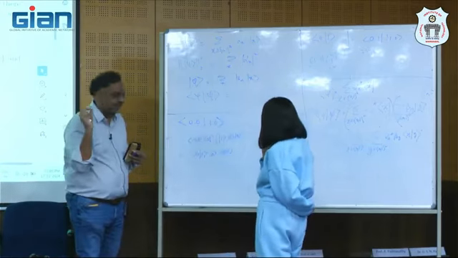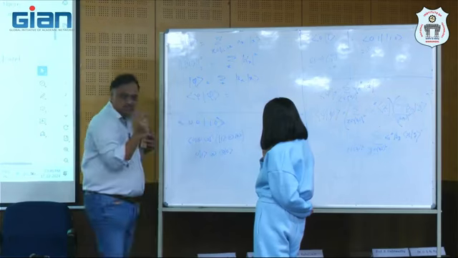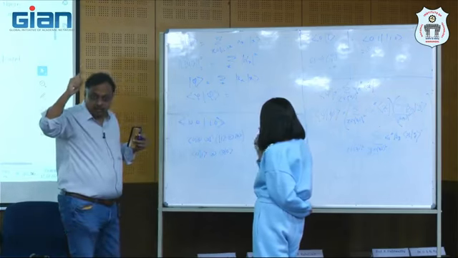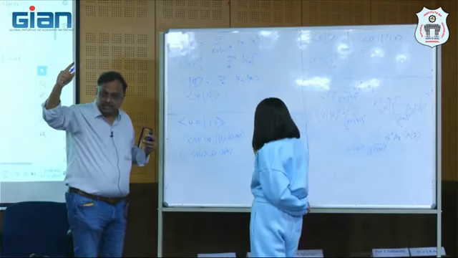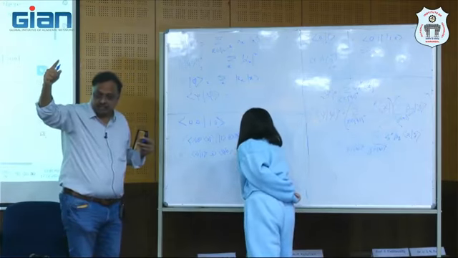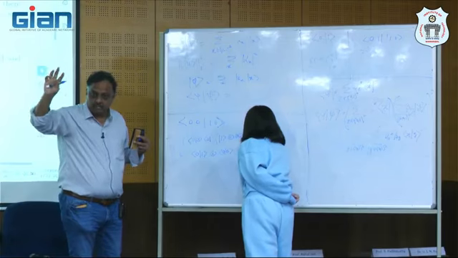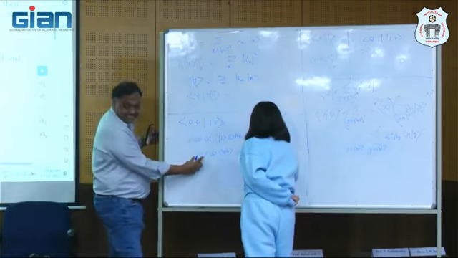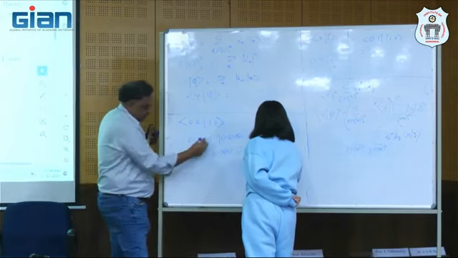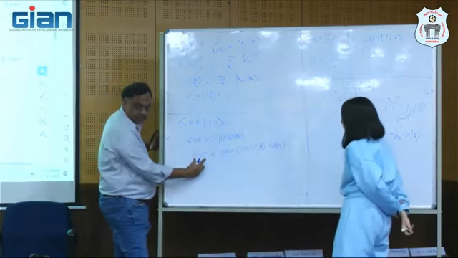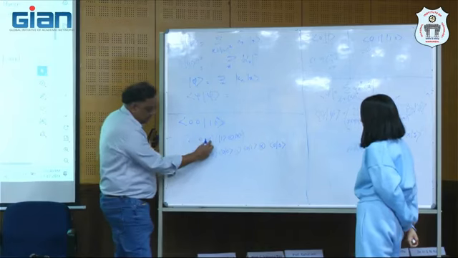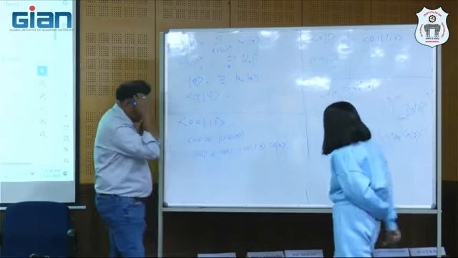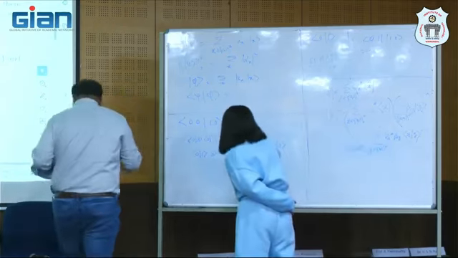Agreed? 1 0 is 1 tensor 0. Agreed? Now she used that formula: A tensor B multiplied by C tensor D is AC tensor BD. So she multiplied like this: bra 0, ket 1 here, tensor bra 0, ket 0. She wrote. Why are you writing so much now? No, no, that's it.